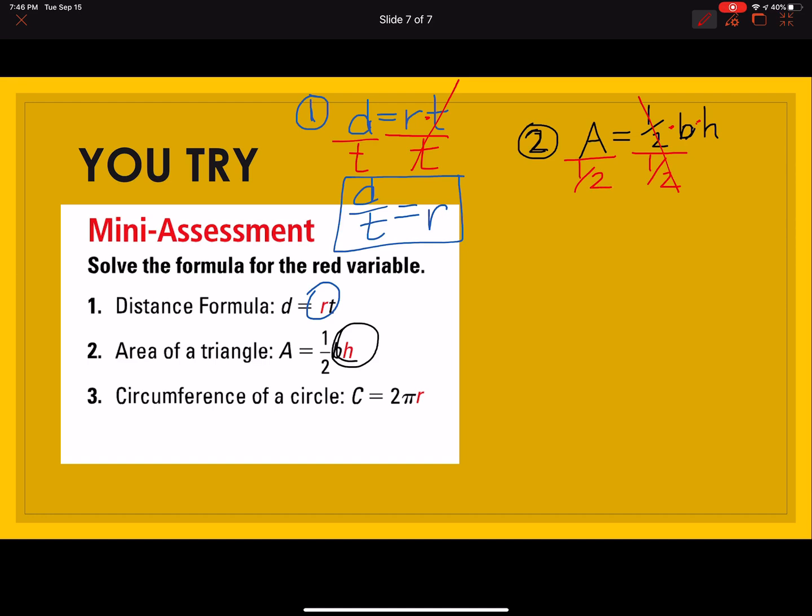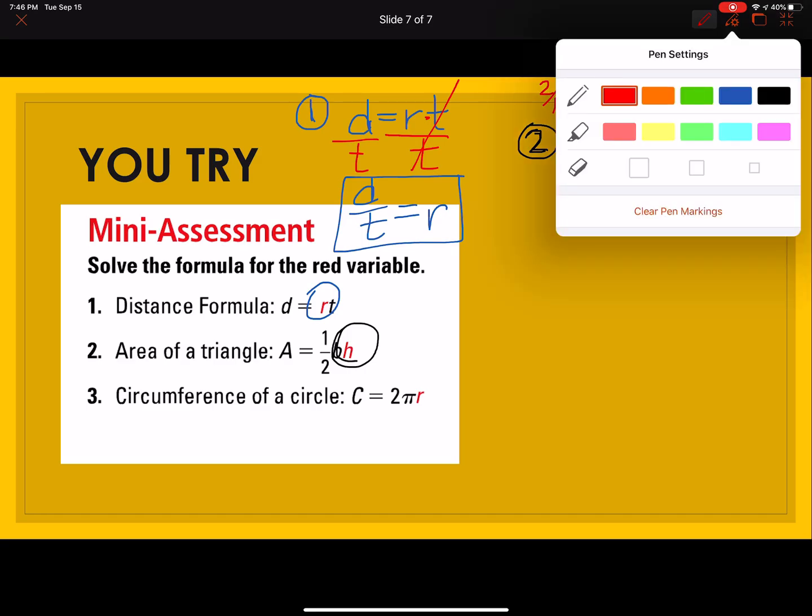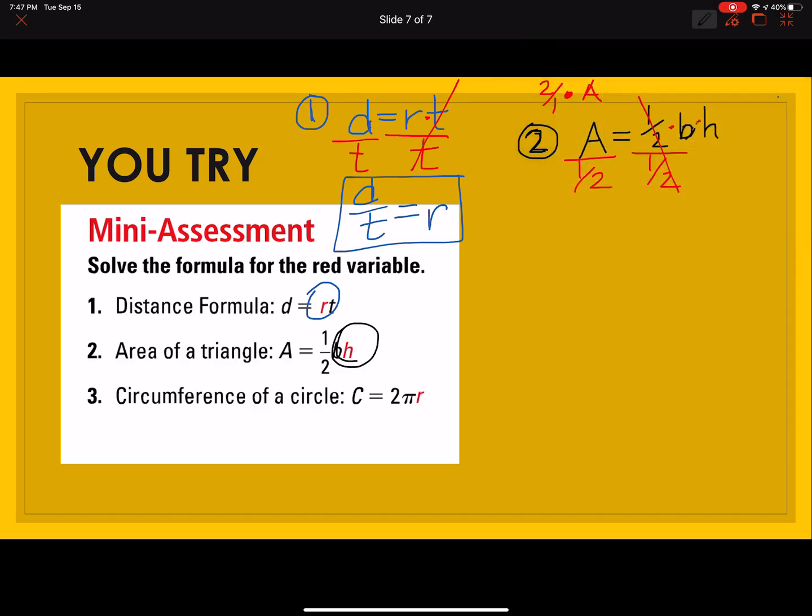Now, if you'll remember back in 6th grade math, dividing by a fraction is the same thing as multiplying by the reciprocal. So I could also look at this as A times 2 over 1, which is the reciprocal of 1/2, and that would simplify to 2A. I really don't need to put 2A over 1 because that's not going to be how it's written.